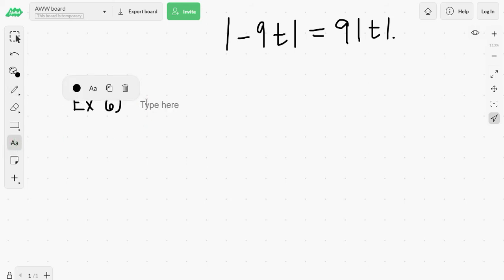Now exercise 6 says, simplify each expression. So the same kind of thing we've already been doing.